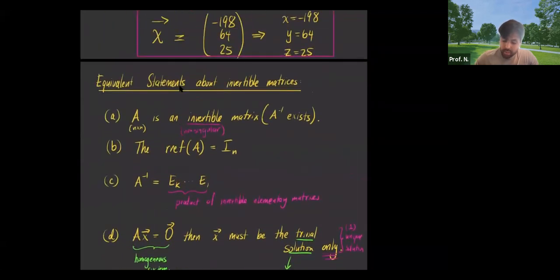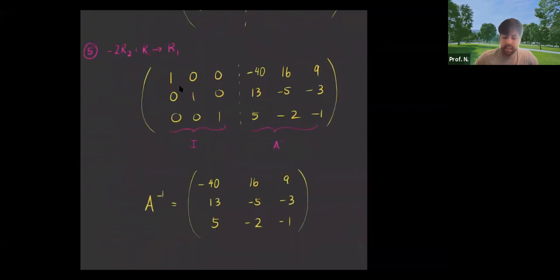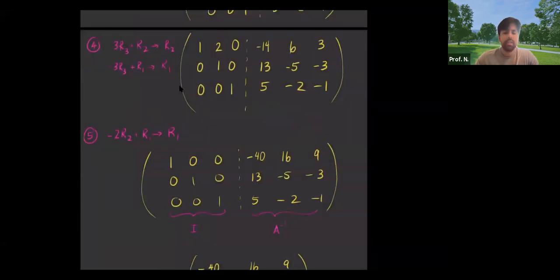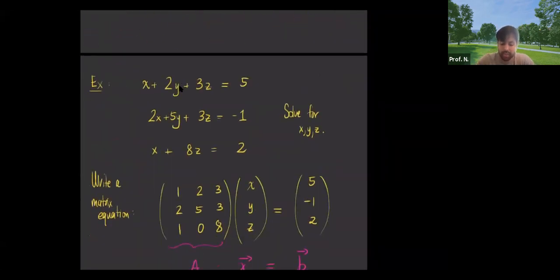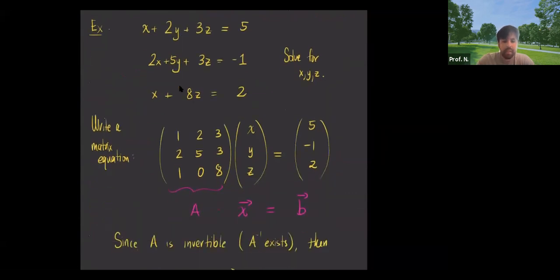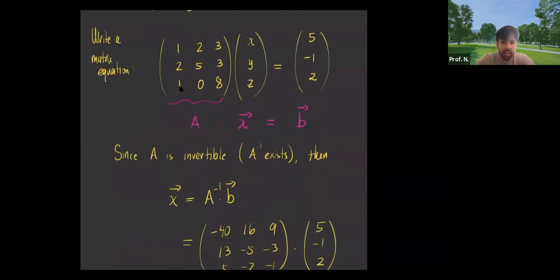So we know how to find the inverse of a matrix. We know the procedure to find the inverse of a matrix. We know how to solve systems of equations upon having the inverse matrix. Now it just becomes a matrix multiplication problem, a computation to find the solution to any linear system of equations, as long as the coefficient matrix is invertible.